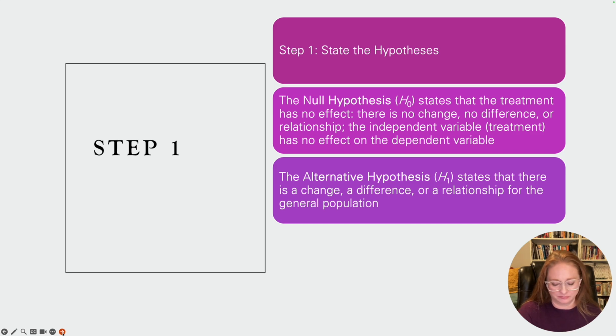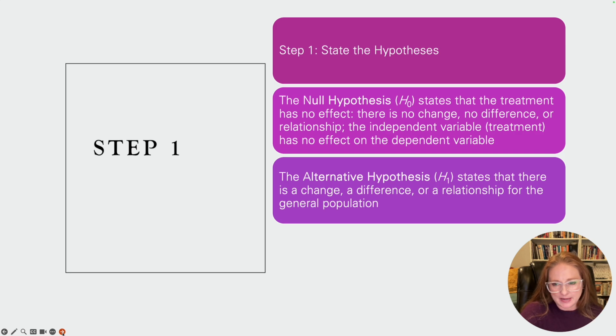It's status quo. Right? The alternative, or the flip side, is notated H1, and in some academic articles and some journals, it might be notated as H sub A, and that's okay too. It's just shorthand, right?